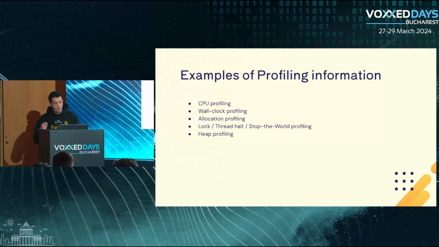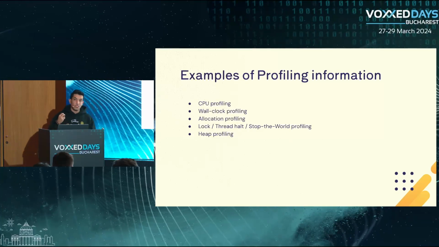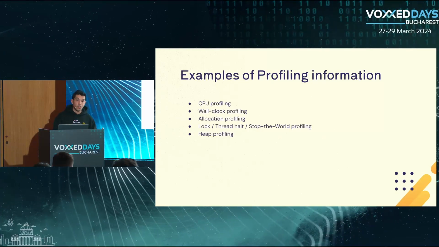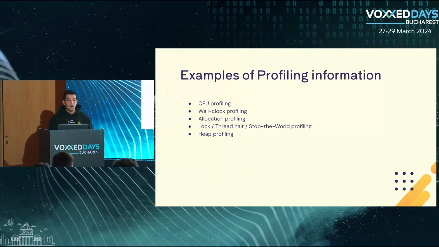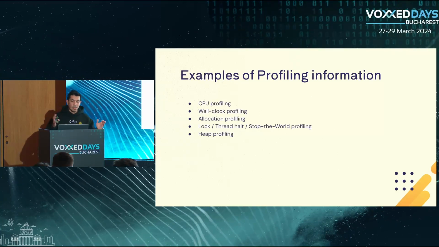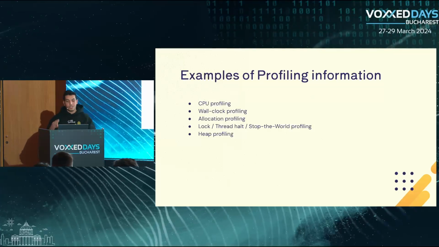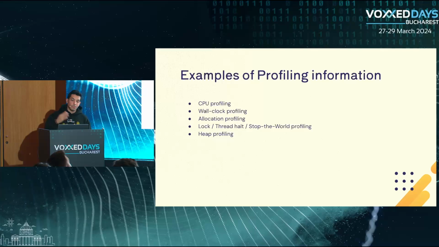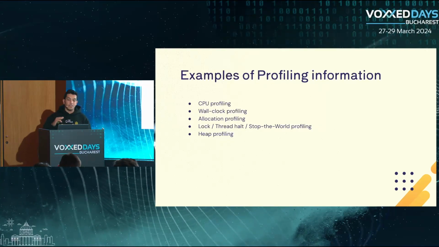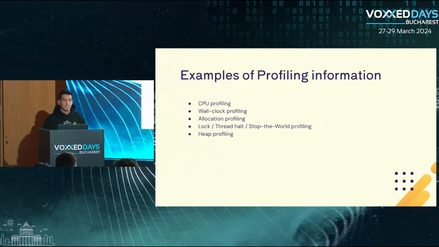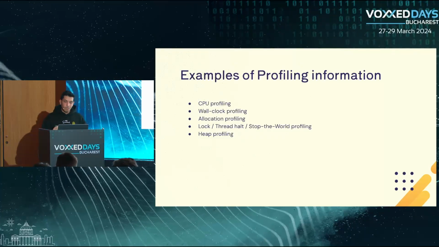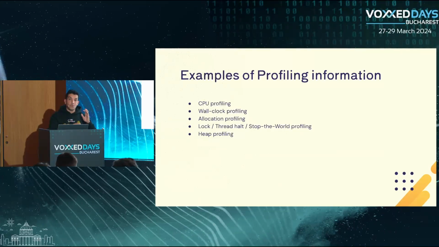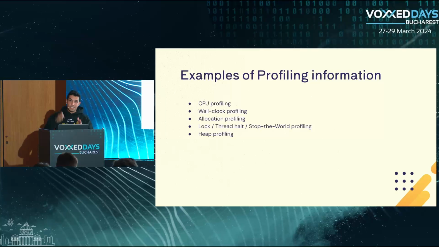Allocation profiling is trying to answer the question of what's causing this allocation pressure and why. Be it memory, be it the threads and the heap, and so on and so forth. Lock profiling, we give it a different name, thread halt. Trying to answer the question of why my thread didn't execute at this specific moment.